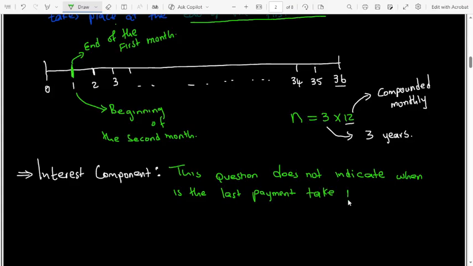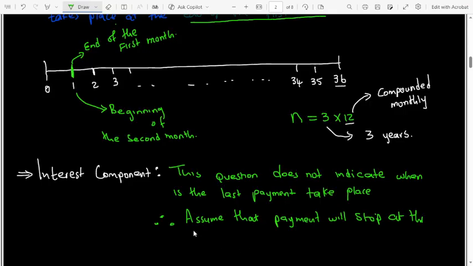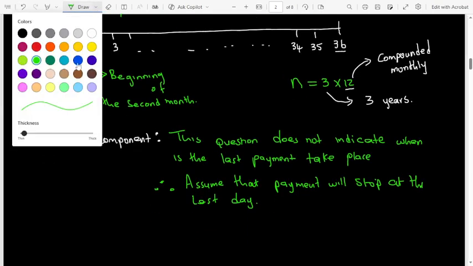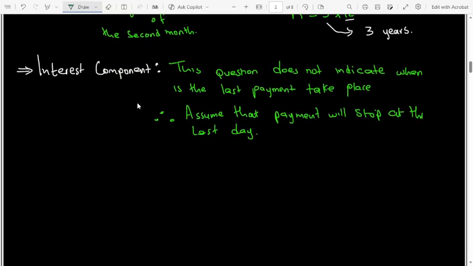If that is not indicated in the question, you need to assume that the payments stop on the last day. The payment will stop at the last day. So when we look at this, it tells you that there will be no interest component.